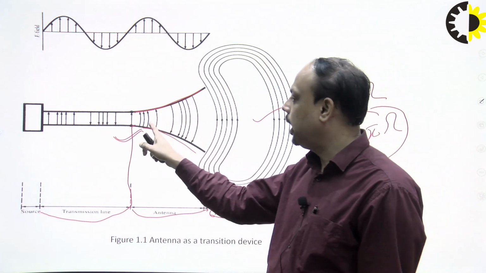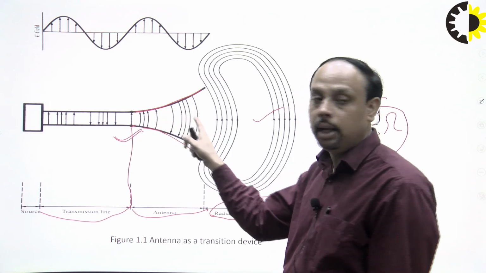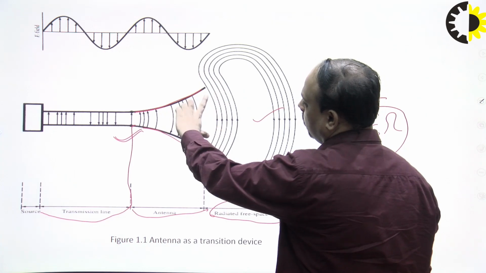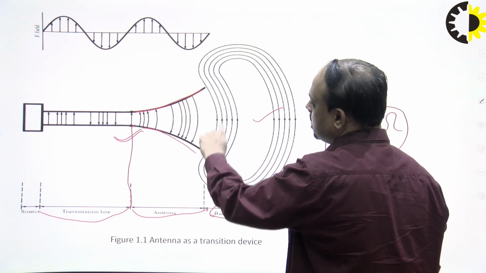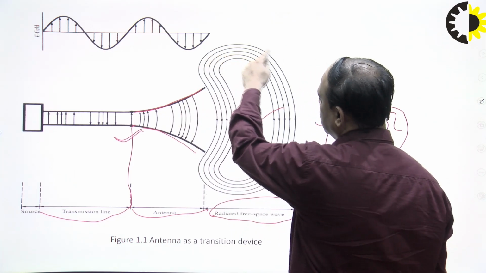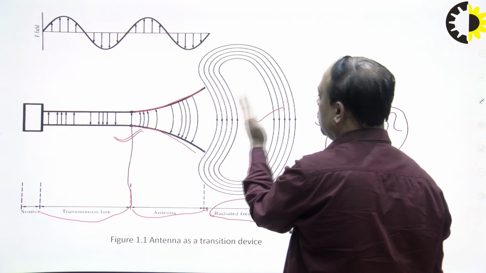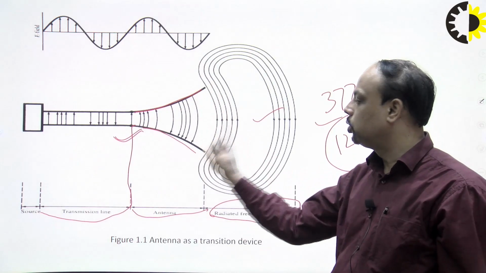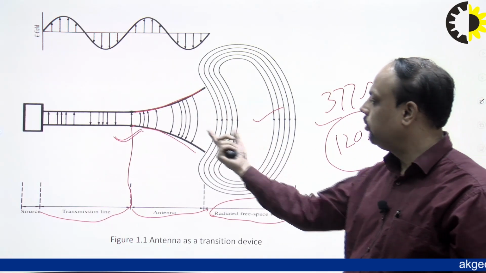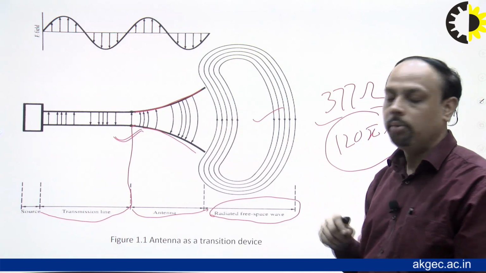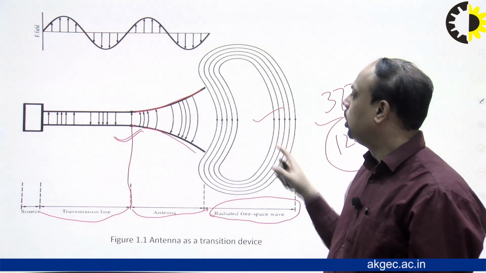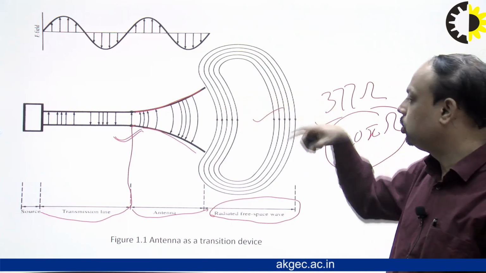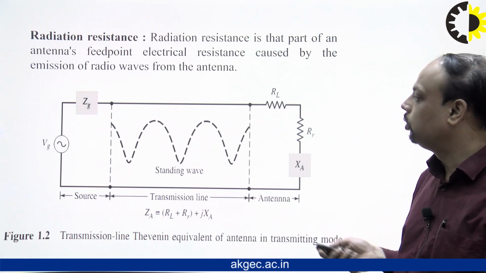As we flare up, the electric field vector is going to be bent like this, and in the space when it radiates from the antenna, the line now makes a loop and radiates into the free space. So due to this impedance matching, due to this flaring up, the wave is easily radiated into the space, making these kinds of loops. This is the electric field loop. The magnetic field loop is perpendicular to this, which is not shown over here.